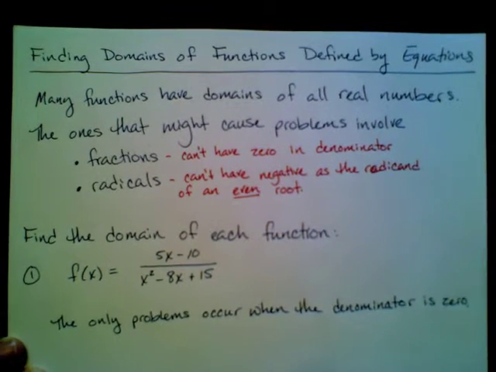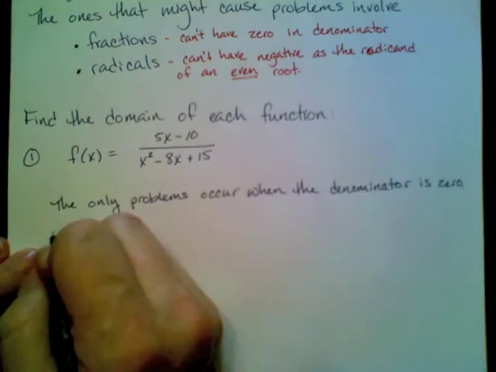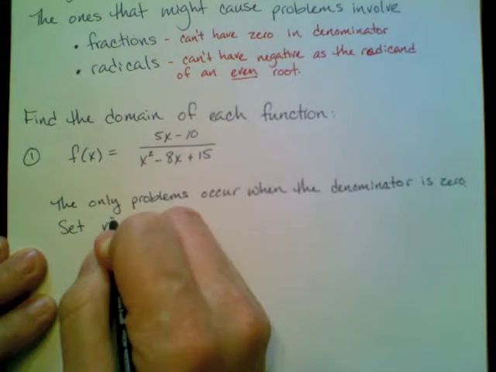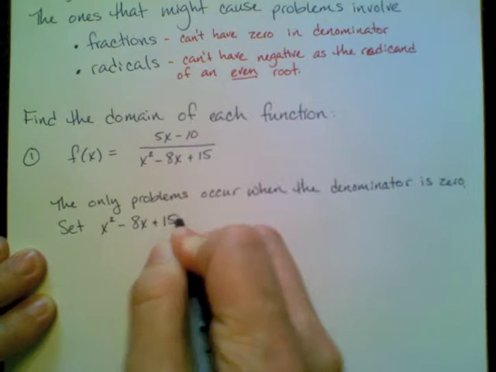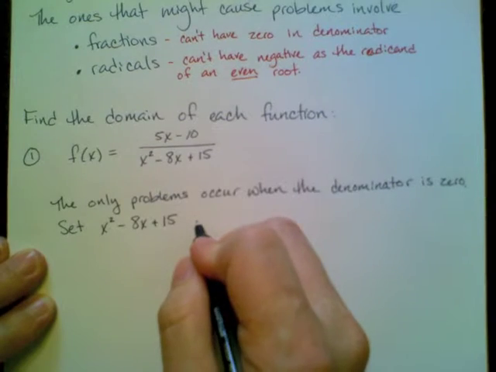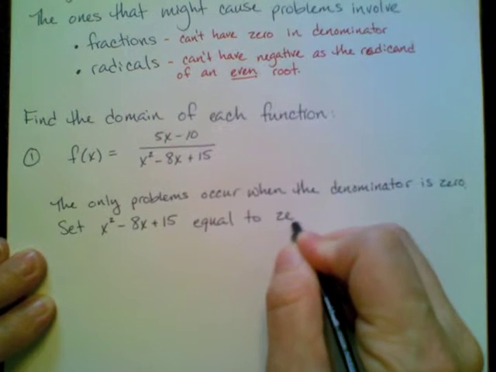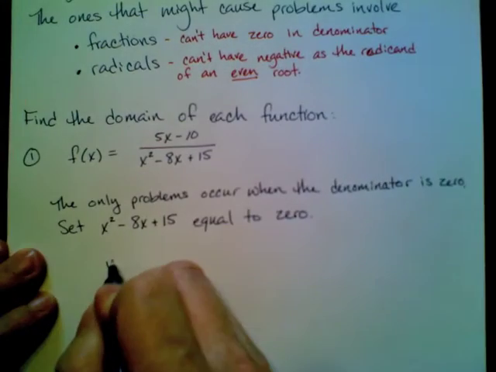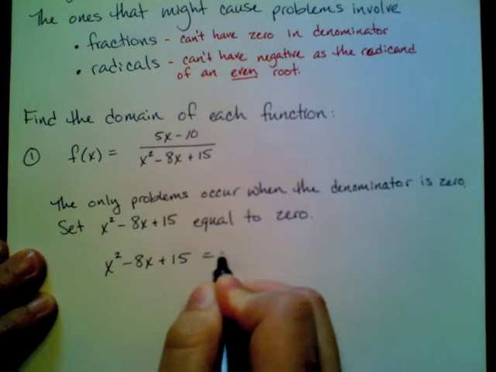So to find where the problems are, I'm going to set my denominator equal to 0. Now that will find the problems. So x squared minus 8x plus 15 equals 0.